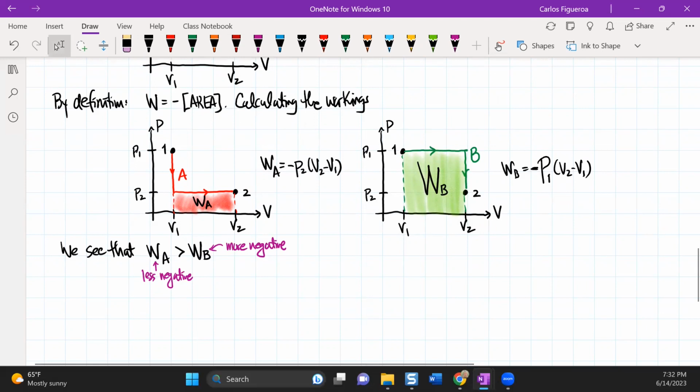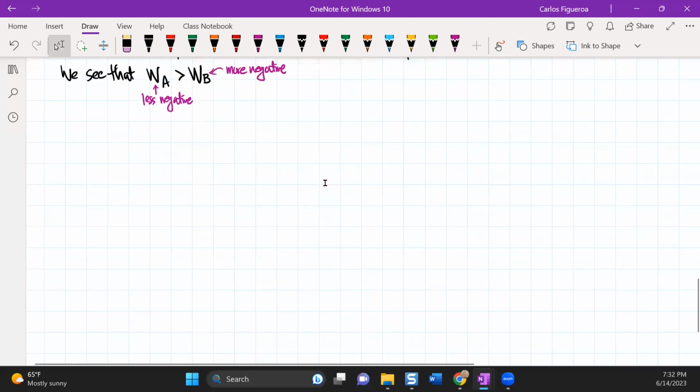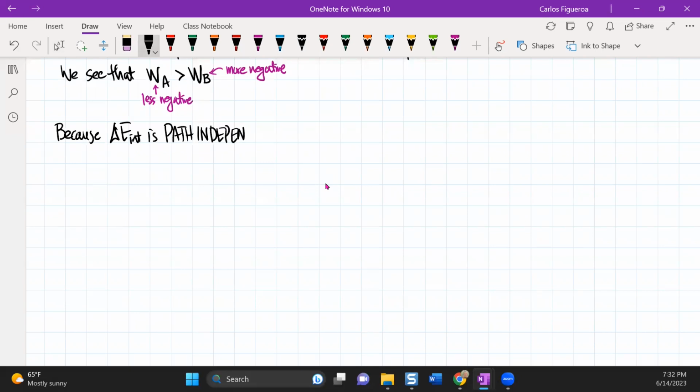Now if I start to put this all together, what am I seeing here? Because the change in internal energy is path independent, whether I go along path A or path B, it does not matter.